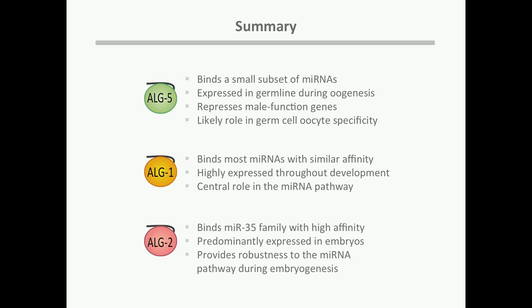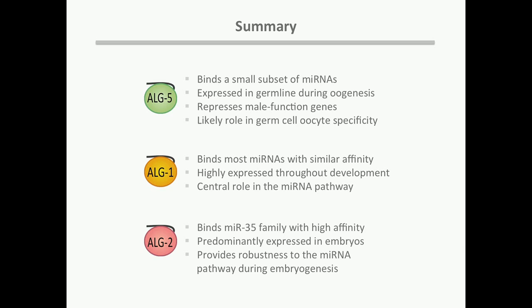So ALG-1 binds most microRNAs with similar affinity. We don't see the types of bias we see with ALG-5, and it's highly expressed throughout development, consistent with it having a very central role in the microRNA pathway. ALG-2 also binds the majority of microRNAs, but it has a particularly high affinity for the miR-35 family. And the miR-35 family is interesting because it's one of the few families of microRNAs that's absolutely essential for embryogenesis.